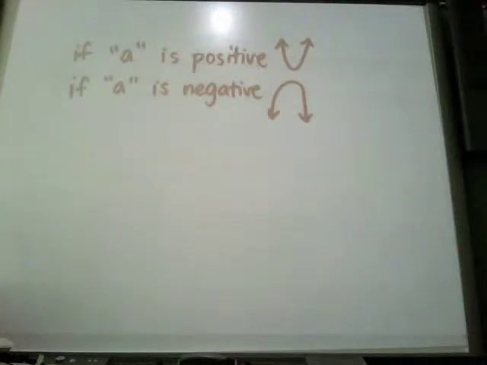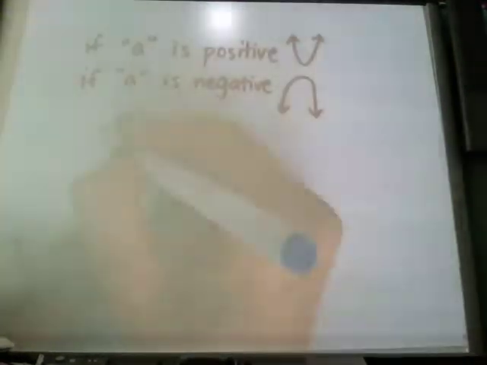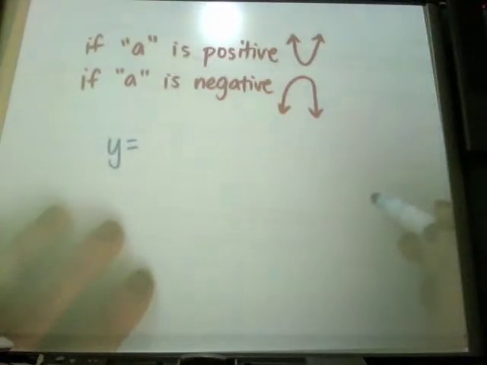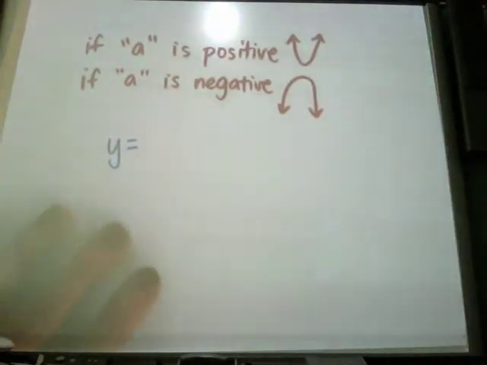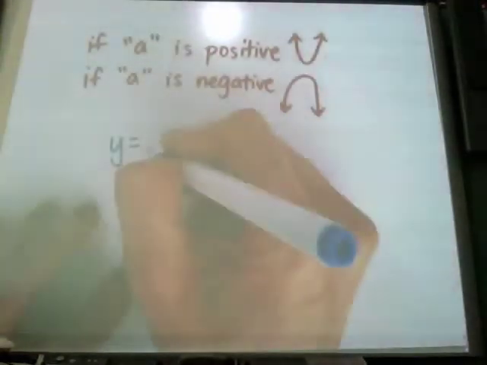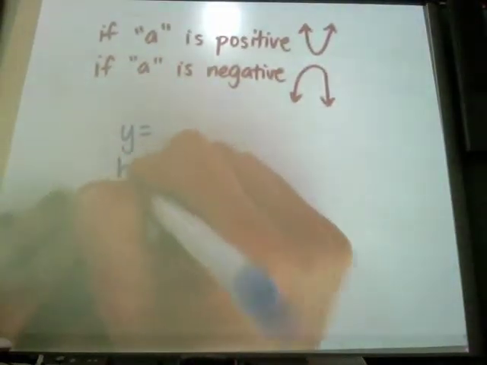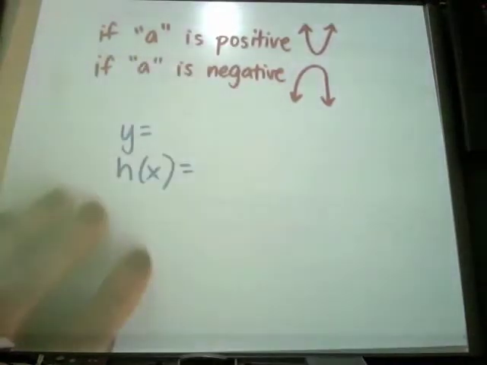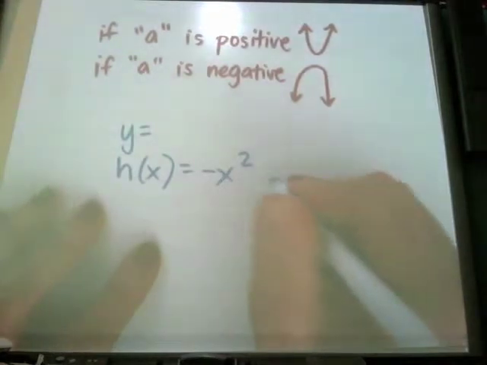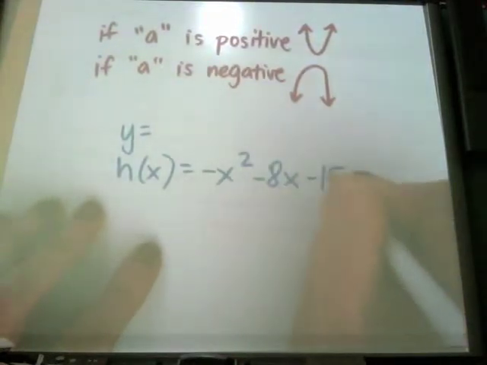Okay? The other thing I want to show you before I give you a couple final steps to follow is that you're going to see some of these as functions. I wrote y equals and then all the x squared minus x minus all that stuff. Let me tell you that in your book, some of them have function notation. So instead of y equals, it might say h of x equals, and then it has your trinomial over here.